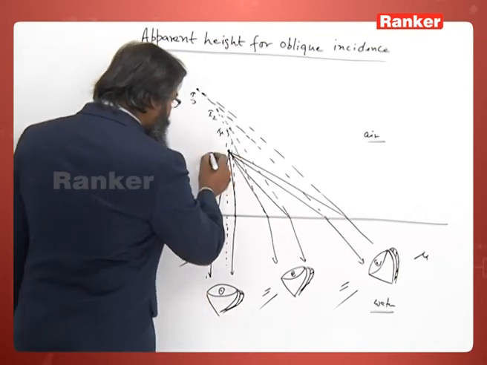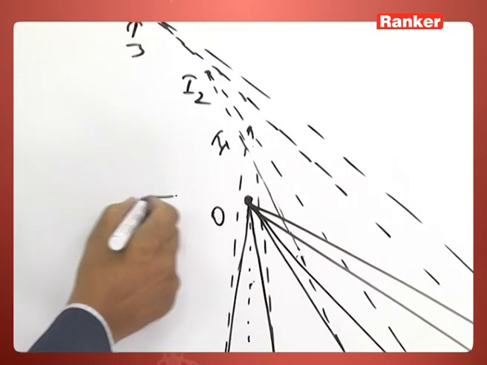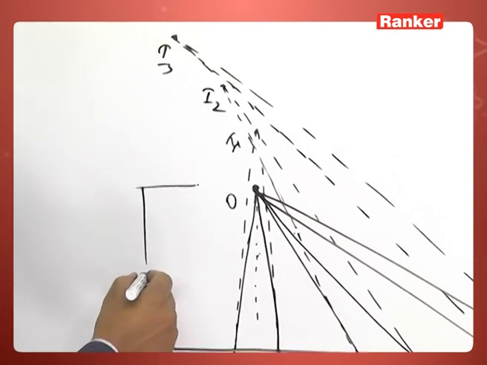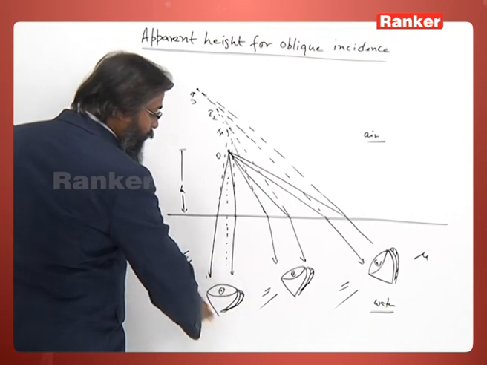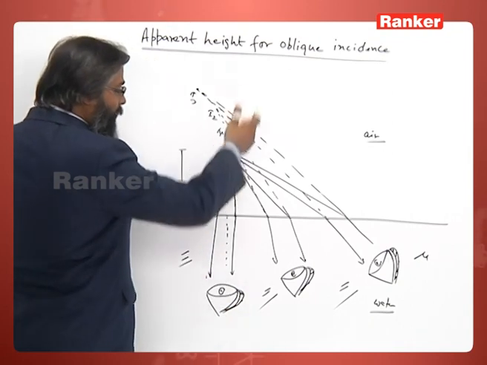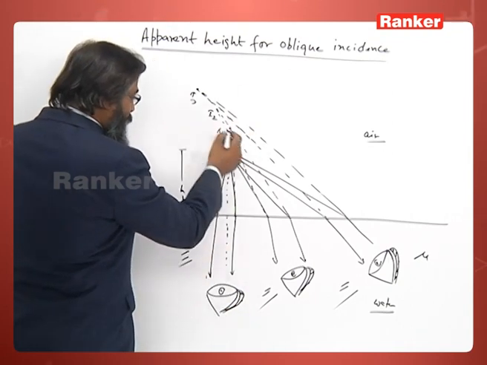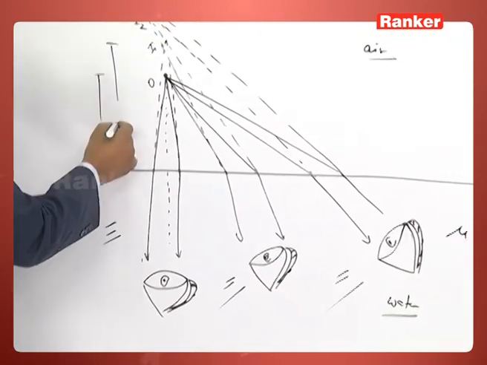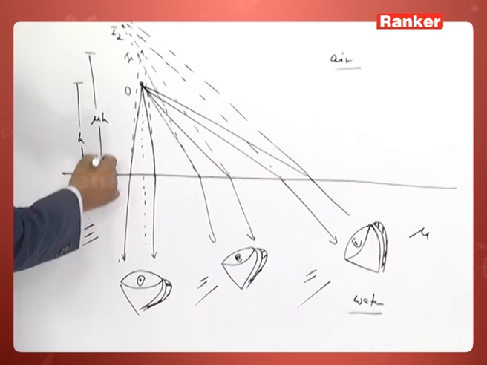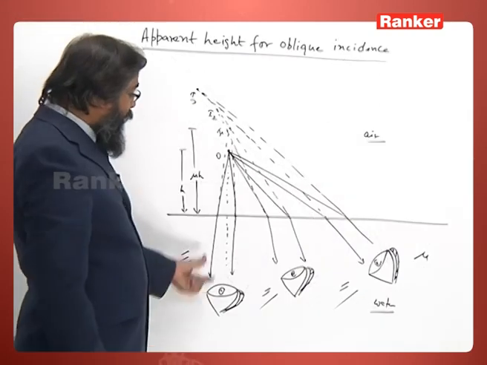Now the case of apparent height for oblique incidence. This is my object at a height of h from this surface. Suppose this is water here and this is air. So the first image, if we see from normally, it will be formed at mu times h. This is for normal incidence.